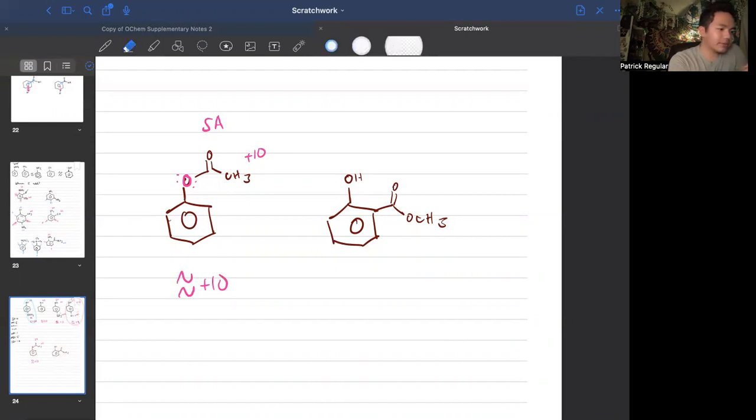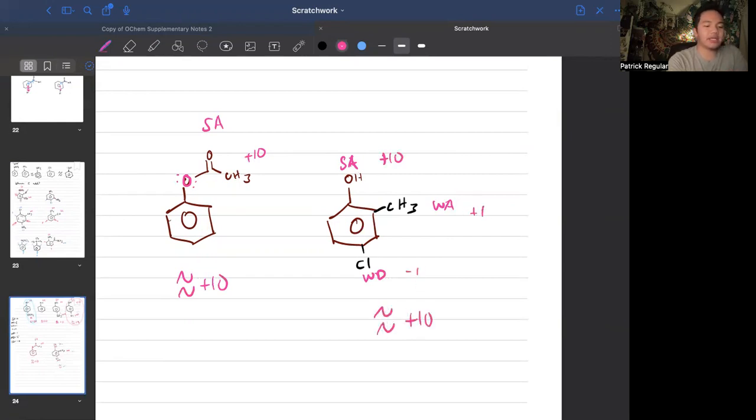I think this is supposed to be, let's do a CH3 CO. Okay. So an OH is a strong activator. CH3 is a weak activator, weak deactivator for chlorine. This is going to be positive 10, positive 1, minus 1, approximately positive 10.